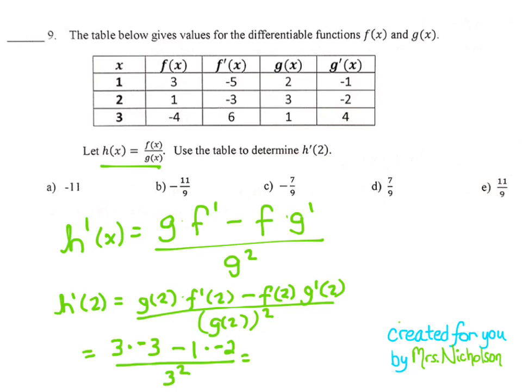So 3 times negative 3 is negative 9. Negative 1 times negative 2, that's plus 2 over 9. And we get an answer of negative 7 over 9. Negative 7/9. And that corresponds to answer C.